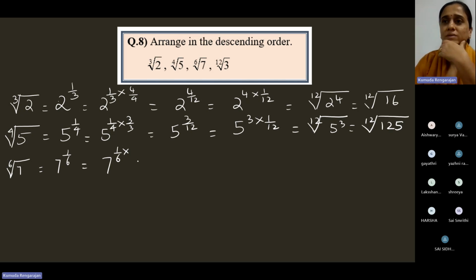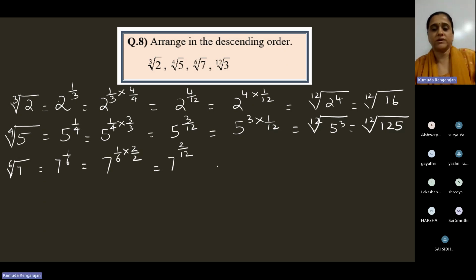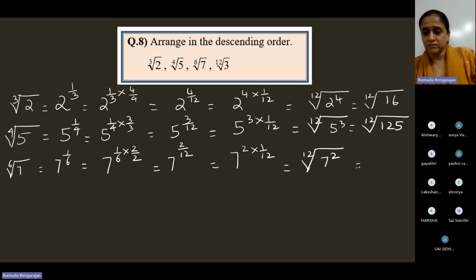So you'll have to multiply and divide by 2. So this is correct. Yeah, next. 7 to the power 2 into 1 by 12. So it's a 12th root of 7 square. Very good.